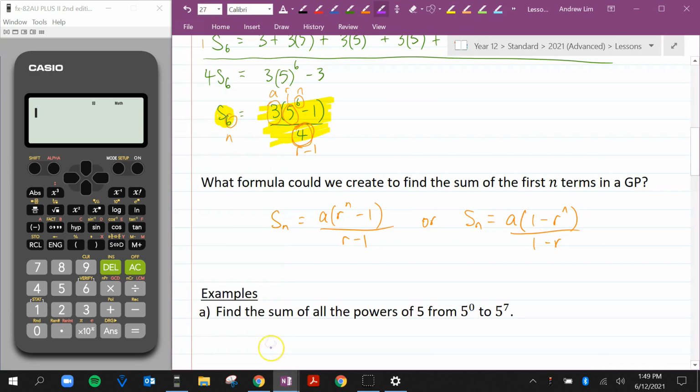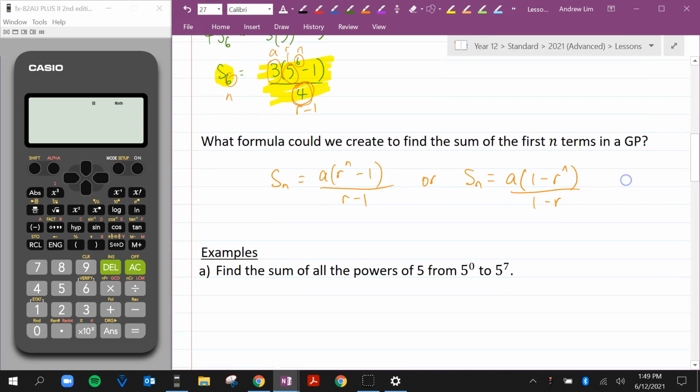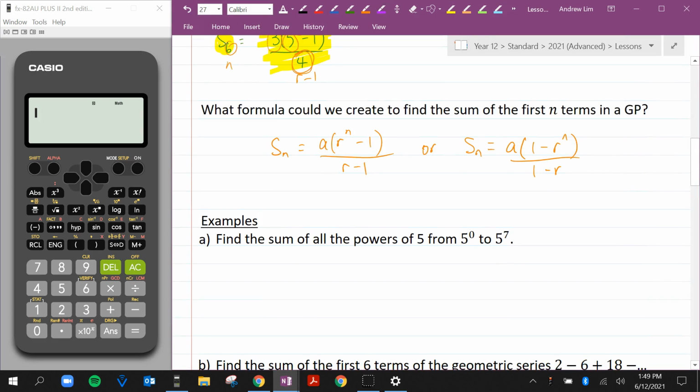All right, so when do we use which one? Well, I would use the first one when r is greater than 1, when the ratio is greater than 1. So if we've got a ratio of 3, I would use that formula. When would I use this one?